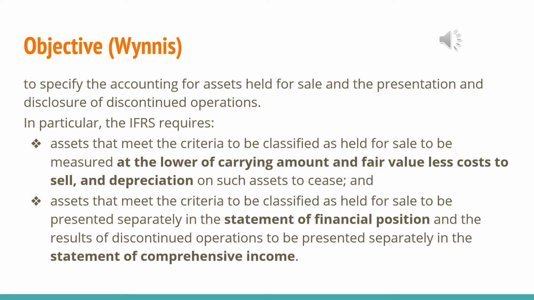Subsequently, after it has been classified as held for sale, it must be measured at the lower of its carrying amount or fair value less cost to sell. Assets that meet the criteria to be classified as held for sale are to be presented separately in the statement of financial position, and the results of discontinued operations are to be presented separately in the statement of comprehensive income.